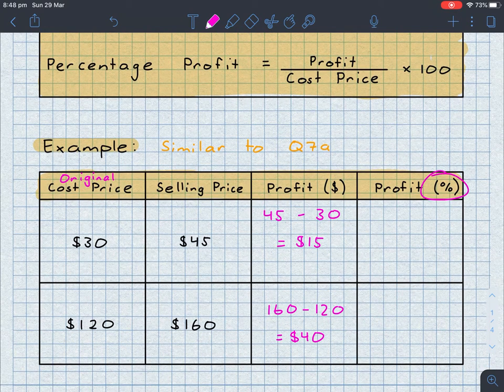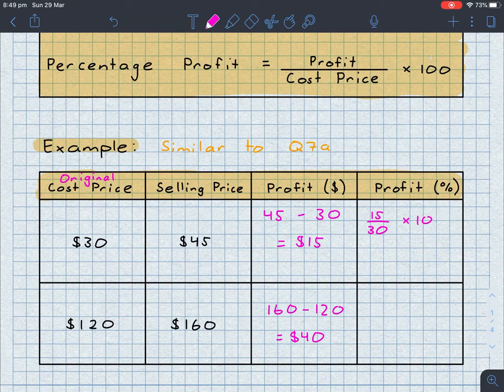Then profit as a percentage. This means what is $15 as a percentage of the original of 30? So what we do is we write that as a fraction. We write 15, the profit, out of 30. So you can see in our formula here, it's just the profit over the cost price. So you can look at the headings of the table to help you know what number goes where.